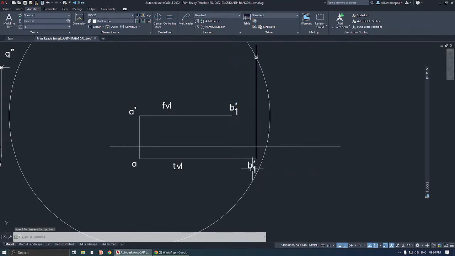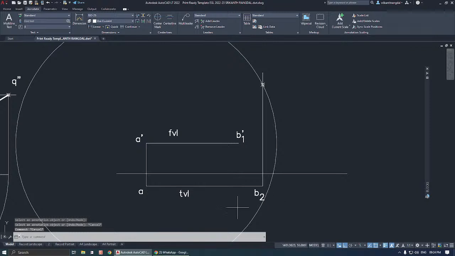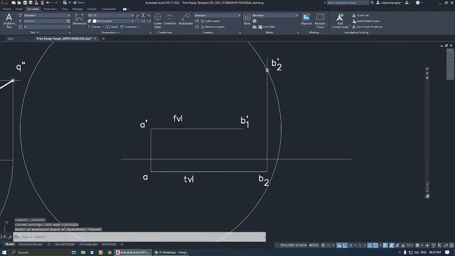This is the top view of the second point, the second temporary point. And what is this point? This is the front view of the second temporary point. So this is B dash. Once the true length is drawn, you can remove this circle.